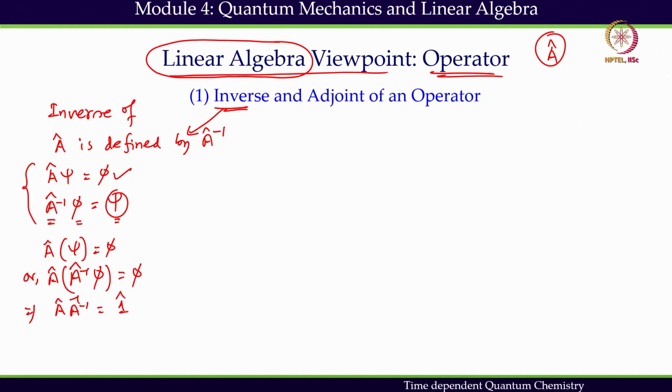So, this is an operator which is suggesting that you multiply by 1. This is another property of the inverse of an operator.